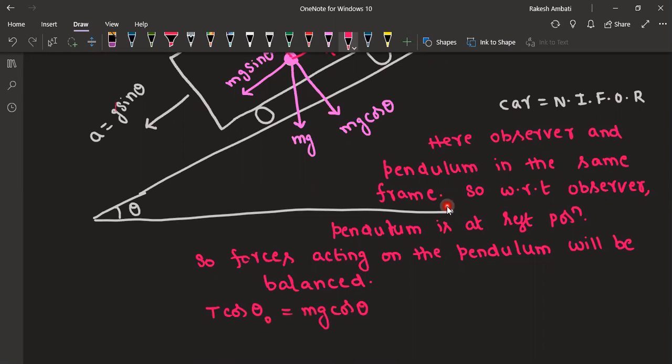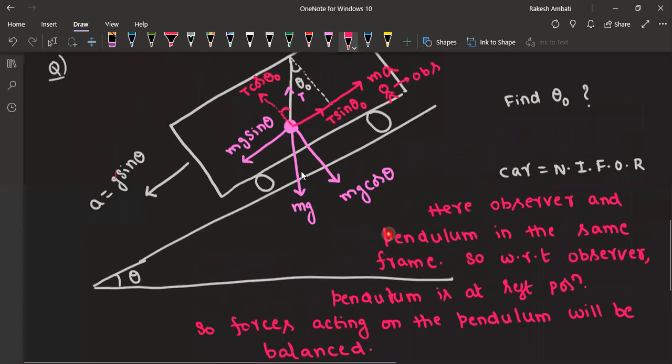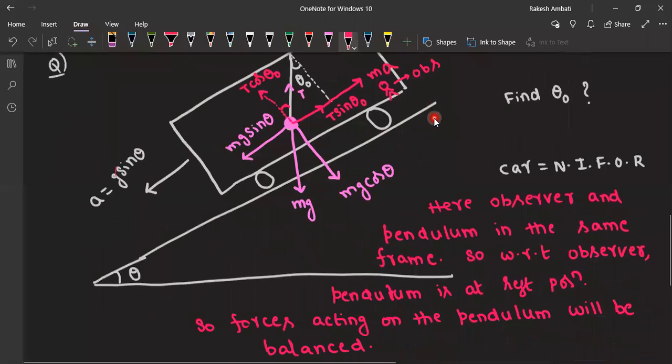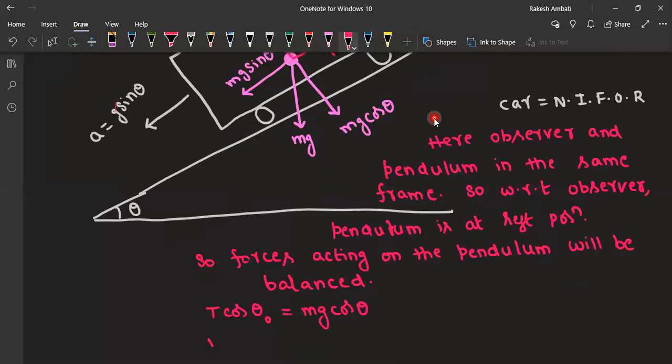Then we have one more set of balanced forces in this direction: the forces acting down the inclined plane are balanced by the forces acting up the inclined plane. That means mg sin theta is balanced by T sin theta naught plus MA. Here MA is the pseudo force.